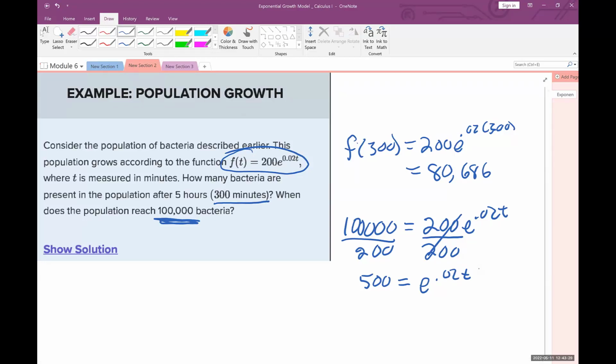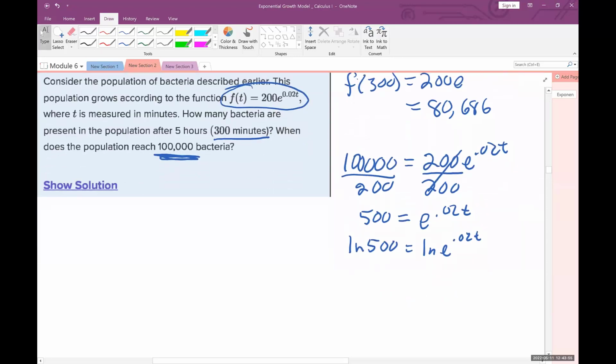How do we undo something with an e as the base? Natural log, very good. So the natural log of 500 equals the natural log of e to the 0.02 t.